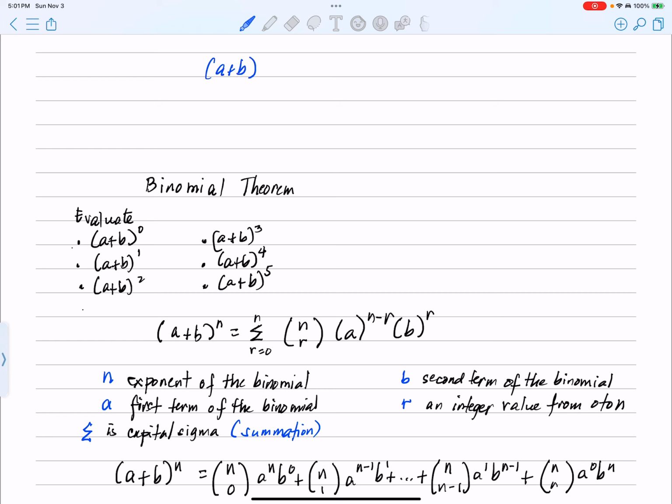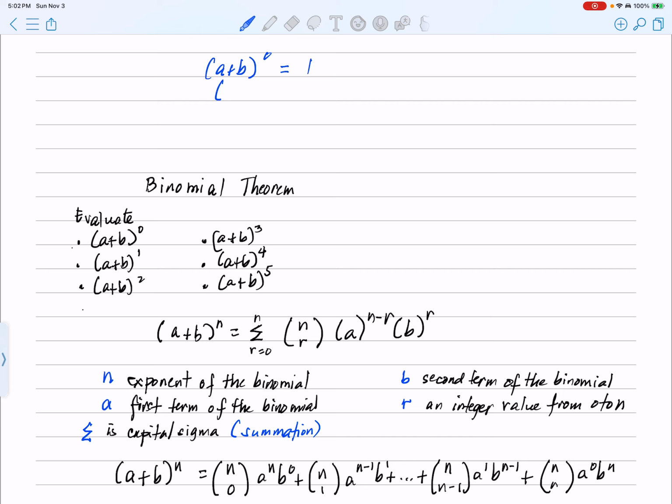So, say for example, you're asked to evaluate a plus b to the 0 power. Anything that has a 0 degree is equal to 1, so we don't have anything to compute. That's the rules of exponents.